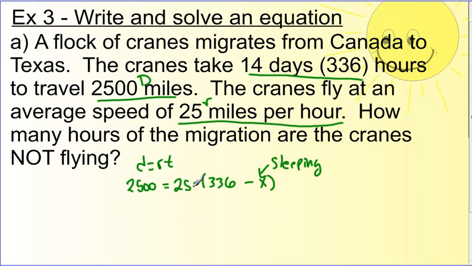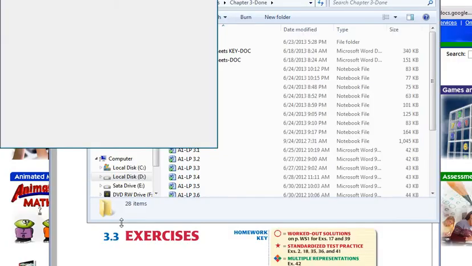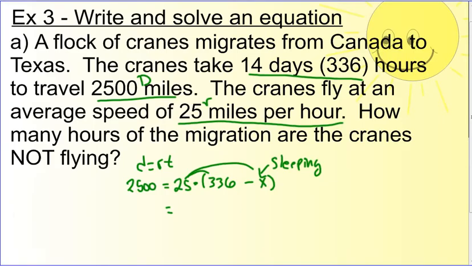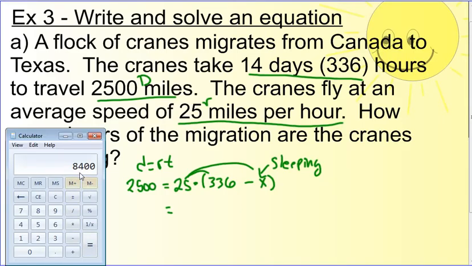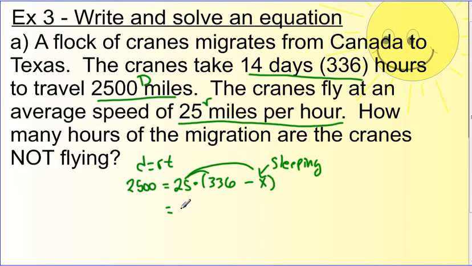So let's solve. We can solve this by distributing. It's a little ugly if we do, but let's see. We get 336 times 25. Ooh-wee. 336 times 25 I did here already. That's 8400 minus 25x equals 2500.